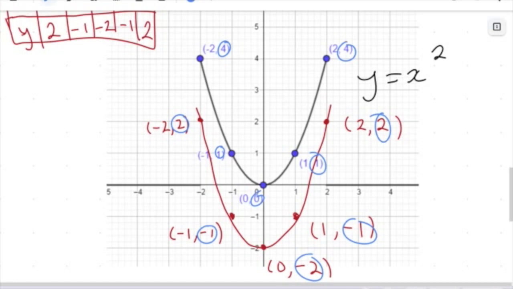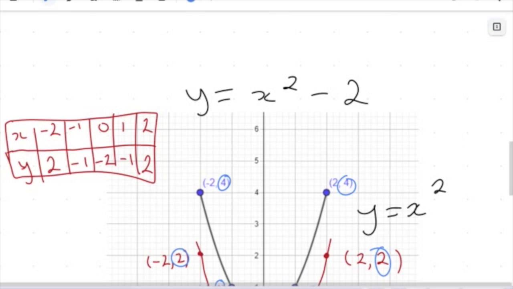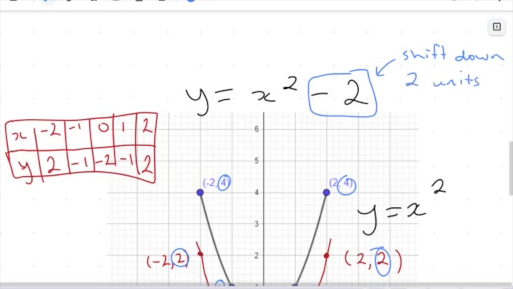Well, you can hopefully see here the difference between each of these is 2, because the difference between 4 and 2 is 2. The difference between 1 and -1 is 2. The difference between 0 and -2 is 2. So that means that this guy over here, my c, represented a shift down. So still a vertical shift, but this is a shift down by 2 units.